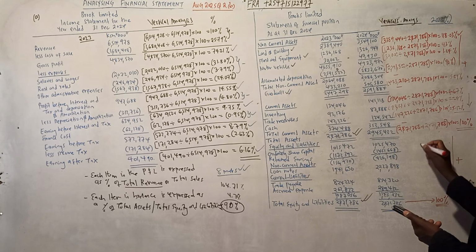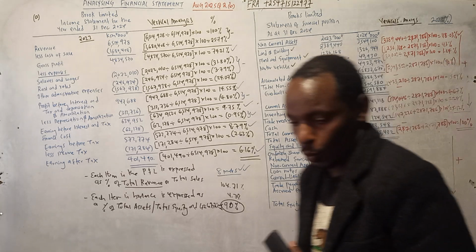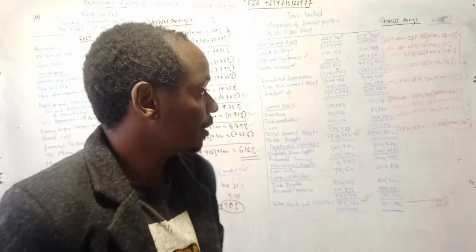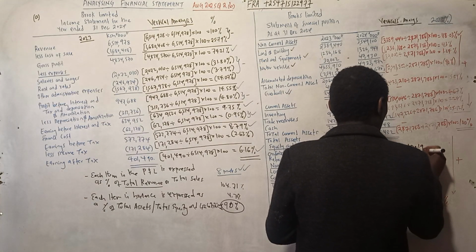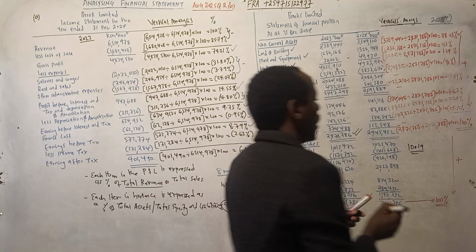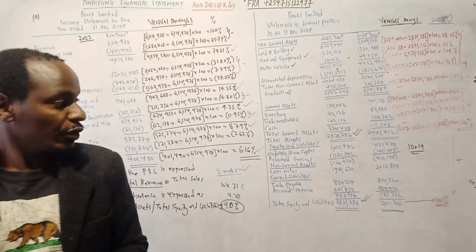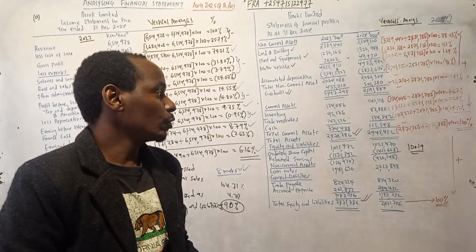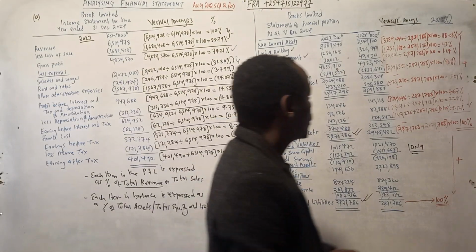I think that's because of the decimal points, which is not a bad figure. So that's how you're supposed to do it.